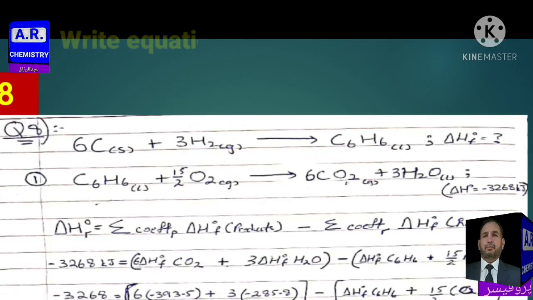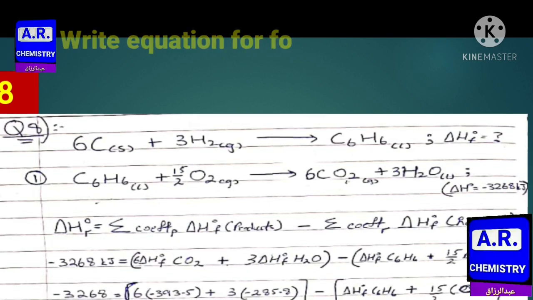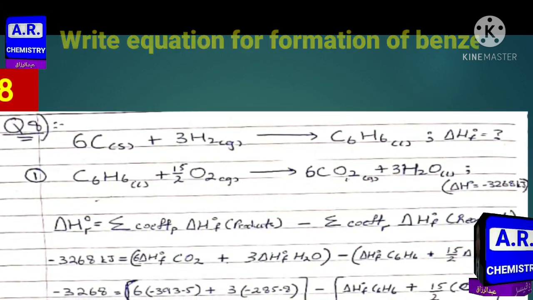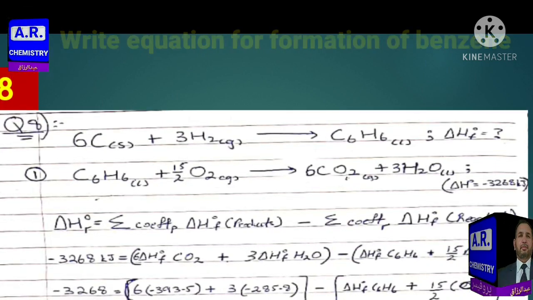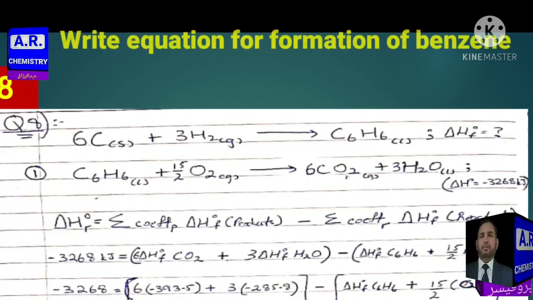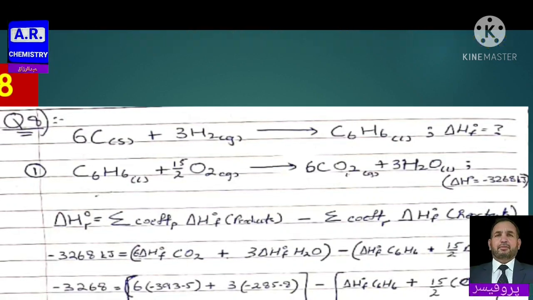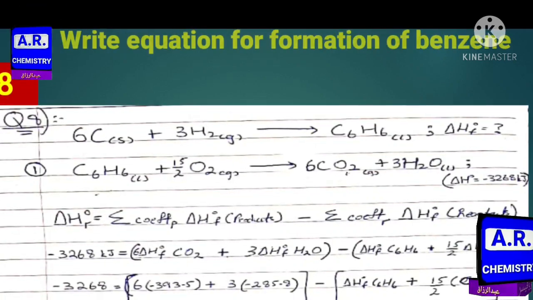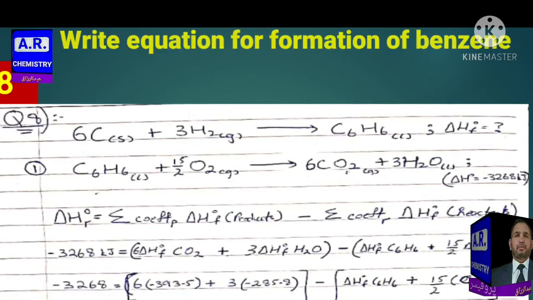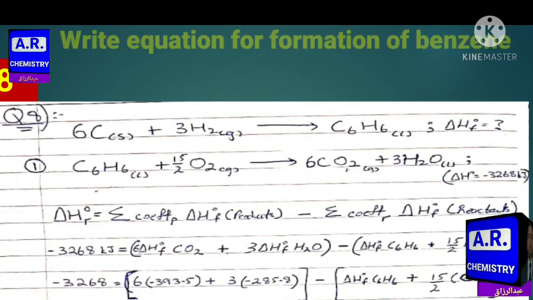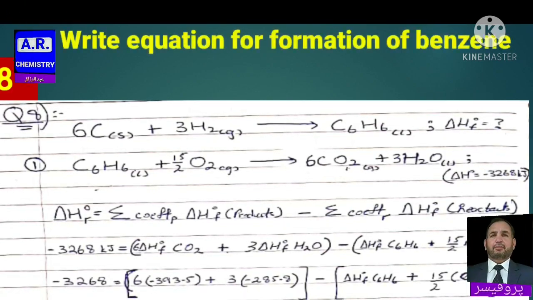The enthalpy of a reaction is equal to the sum of the coefficients times the enthalpy of formation of the products, minus the sum of the coefficients multiplied by the enthalpy of formation of the reactants. You have to keep in mind certain things while applying this strategy.